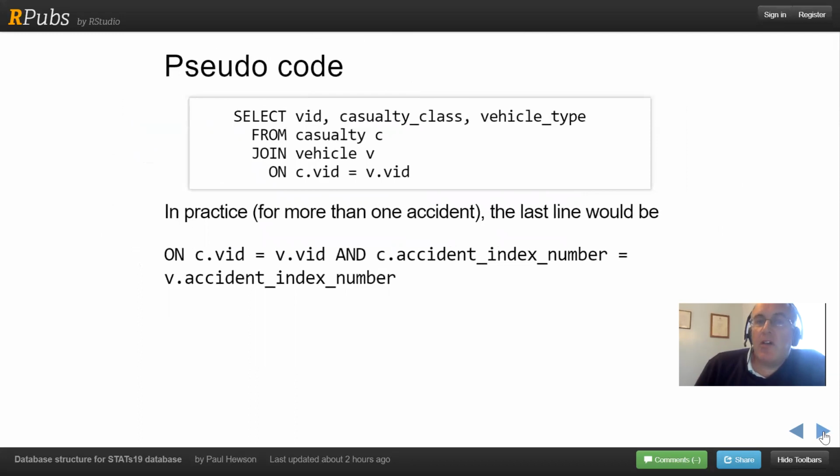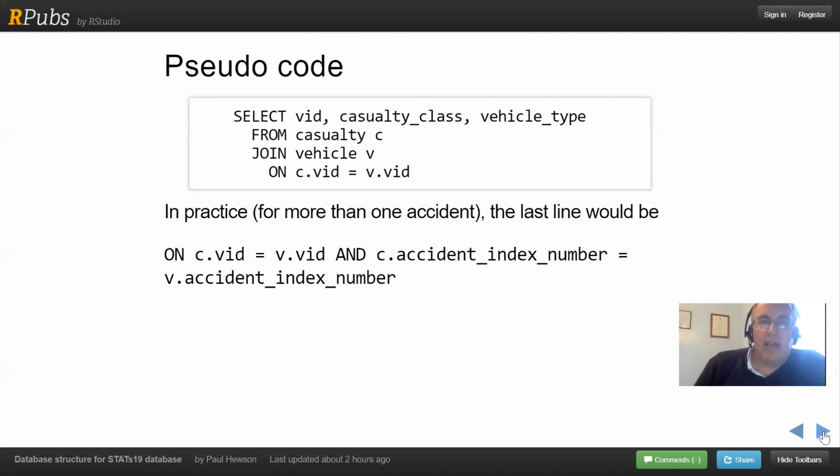In terms of pseudocode for how we might run this query, it would be to select the columns I'm interested in from the casualty table, and I would join that to the vehicle table. The relationship that regulates the join is that the vehicle ID has to match.